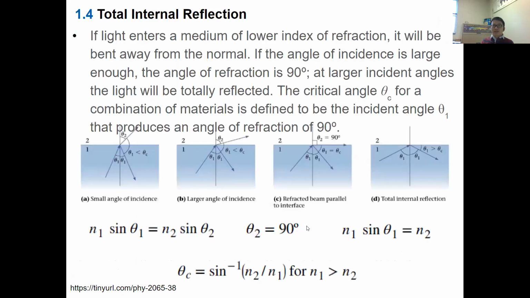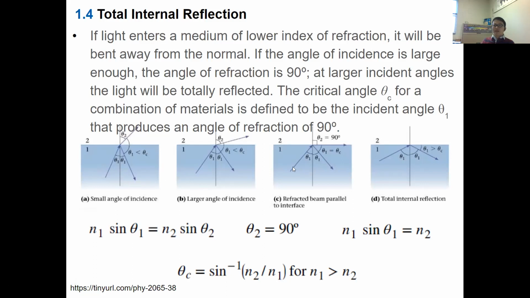We also looked at the case when the light goes from a higher index of refraction medium into a lower index of refraction medium. What happens is that you cannot have the incidence angle increase all the way up to 90, but at some certain point you will lose refraction into the second medium.